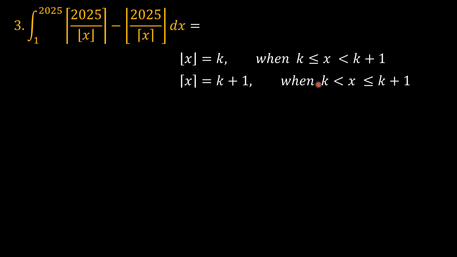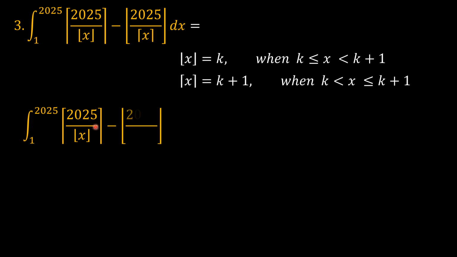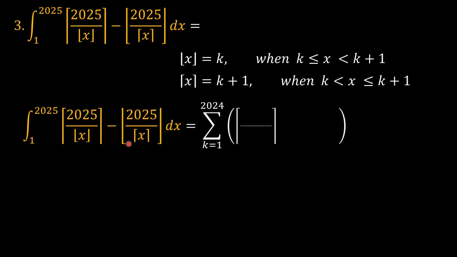Okay, so for our situation here, we see that this first expression will be equal to 2025 over k. And we have to sum, because now we have to discretize this integral into 2024 different expressions.